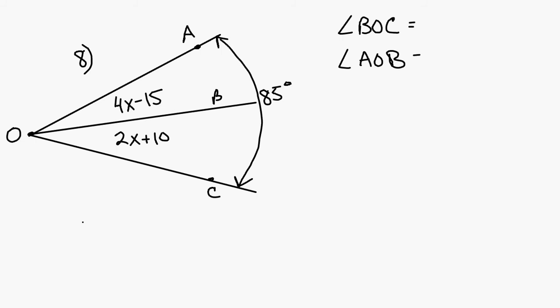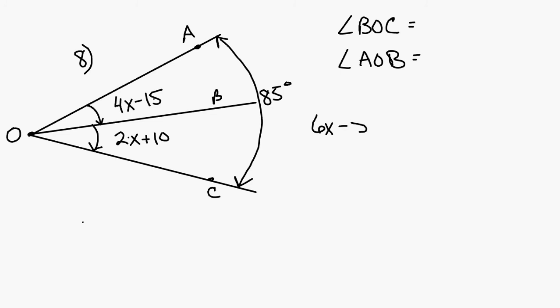Okay, remember when we did the segments? And the two smaller segments added together equaled the whole segment? Does that hold true here? Doesn't this angle right here plus this angle right here equal the entire angle? Okay, so let's take 4x plus 2x. What does that equal? 6x. You got negative 15 plus 10.